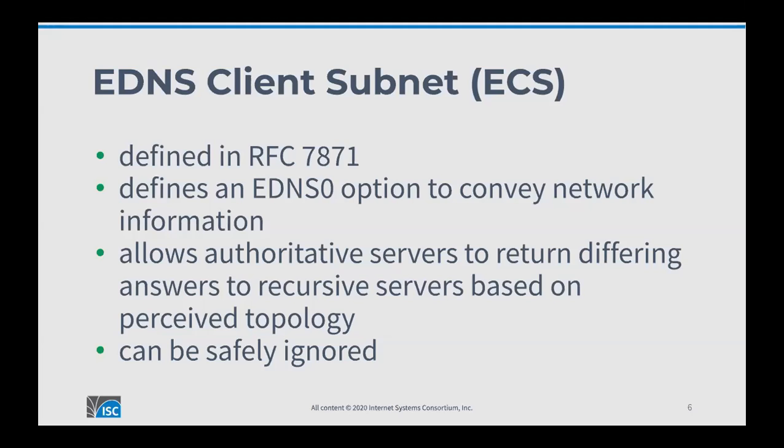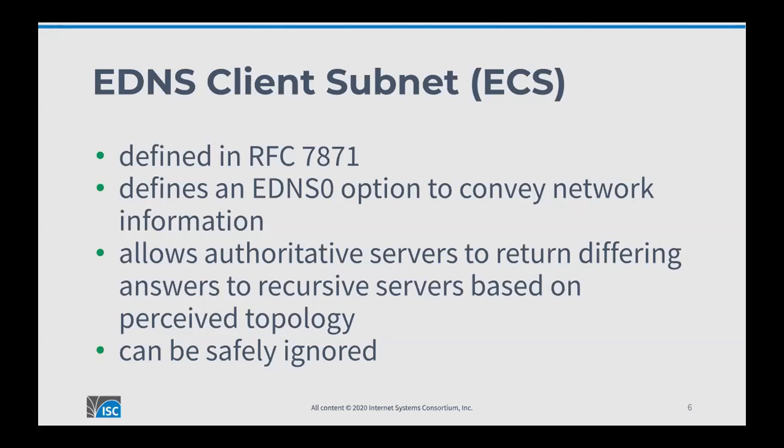This was to allow for larger responses for DNSSEC, IPv6, et cetera. But note that EDNS is a hop-by-hop protocol. So this means it's a sort of server-to-server negotiation for each of these activities.